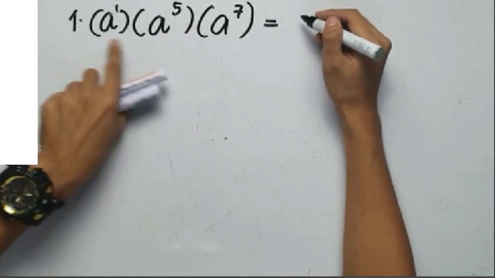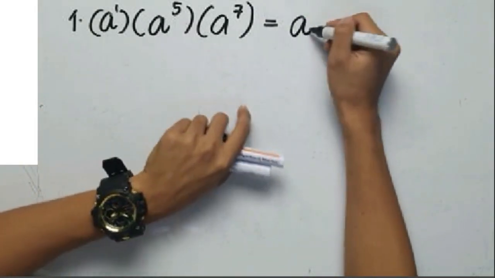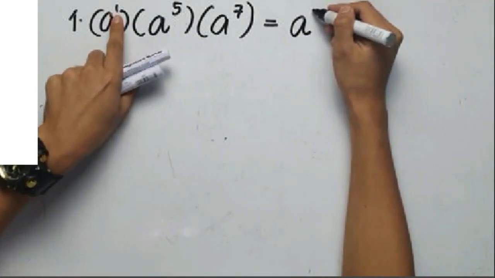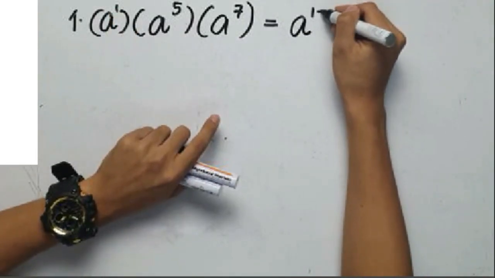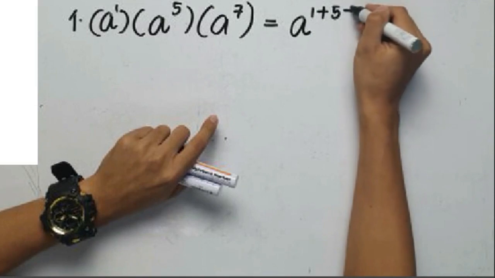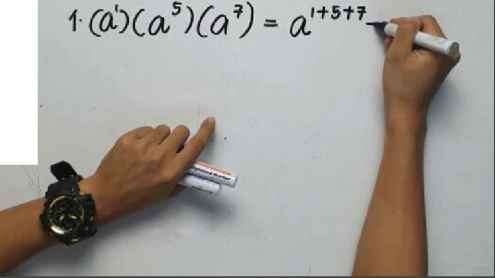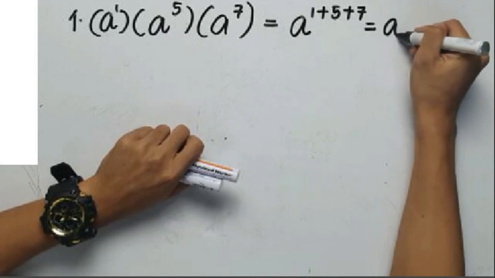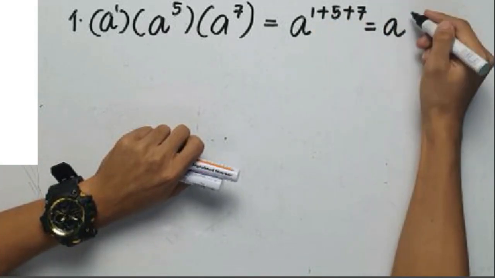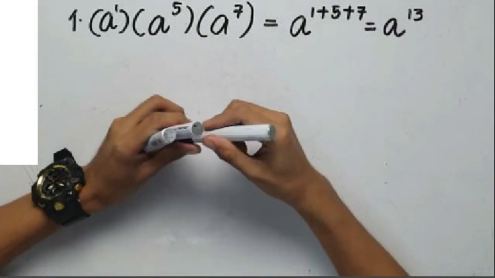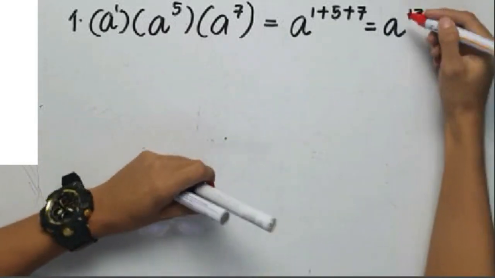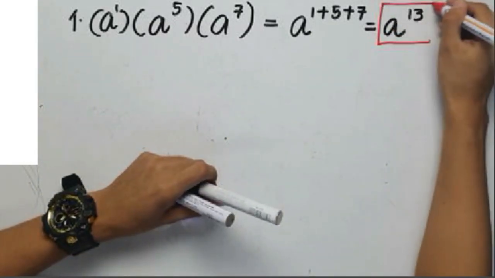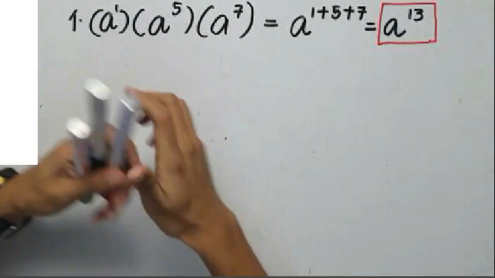So I'll just copy the base, then I'll just add their exponent. So 1 plus 5 plus 7. So this is just equal to a raised to 1 plus 5, 6 plus 7 is equal to 13. So ito ay a raised to 13.